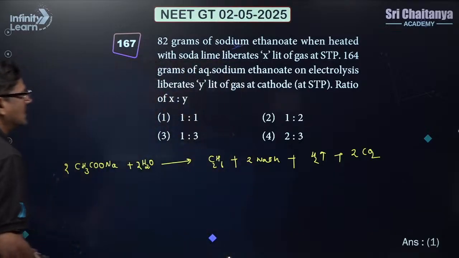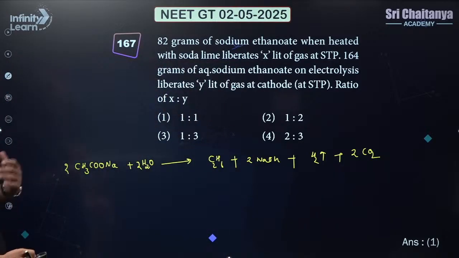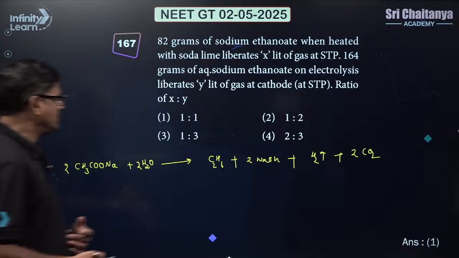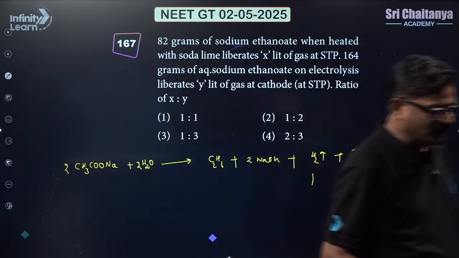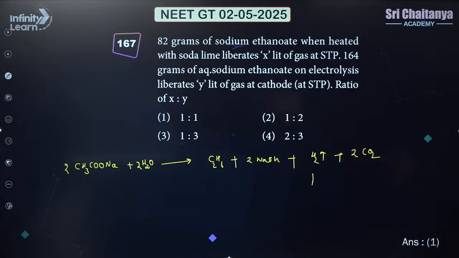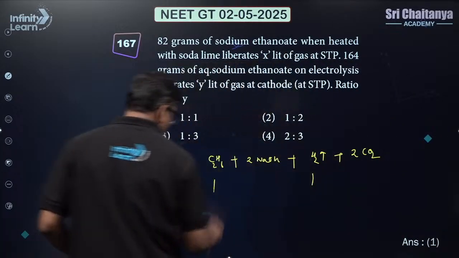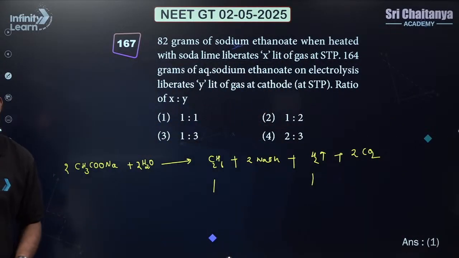So the gas liberated at cathode is hydrogen. So it is going to give you 1:1 ratio. 1 mole is formed, right? And it is going to give 1 mole of this. Understand? 1:1.